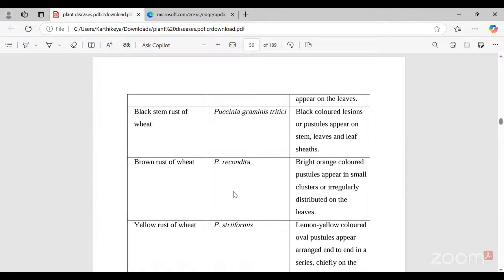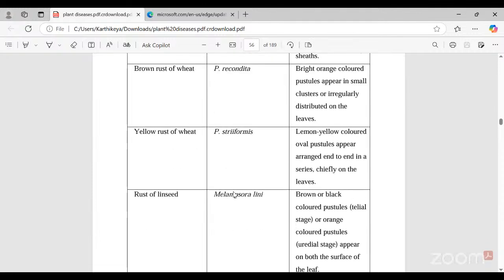Black stem rust of wheat, Puccinia graminis tritici: black colored pustules appear on the leaves and sheath. Next one is the irregularly distributed pustules on the leaves, yellow rust of wheat.